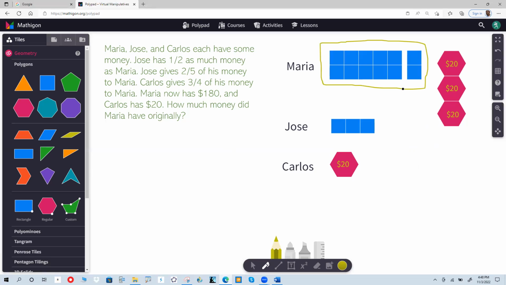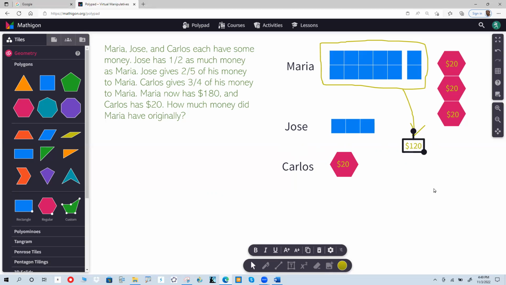This must represent Maria's $120. Now Maria clearly has 120 plus 60 is 180.